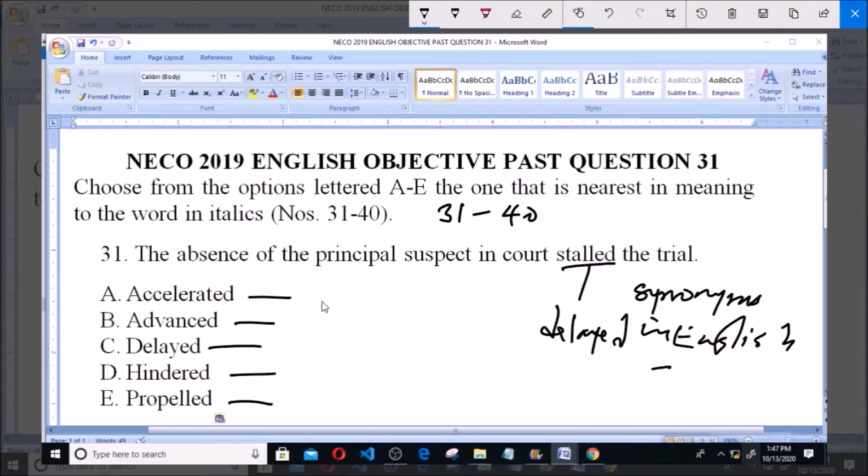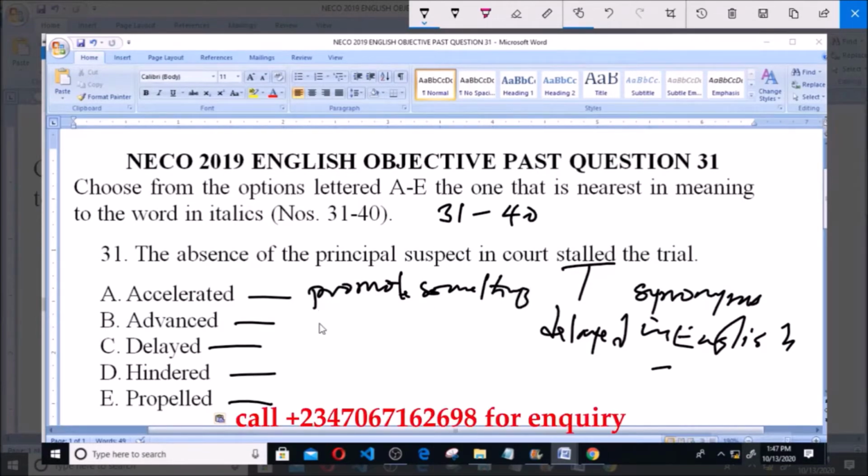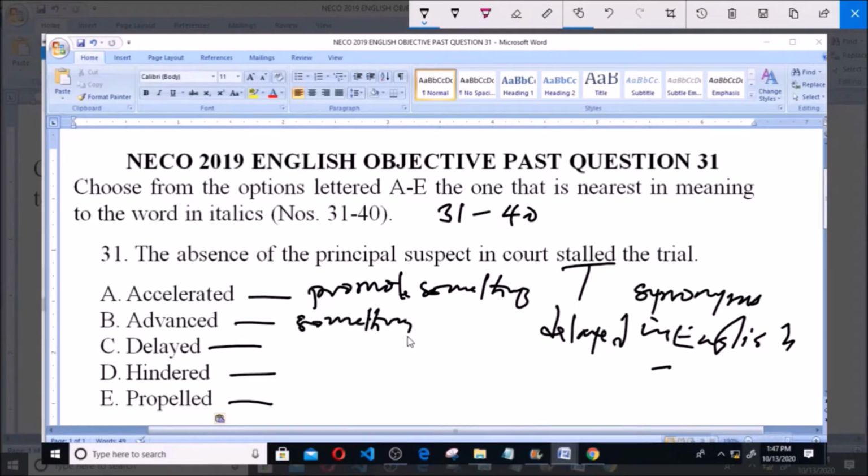When we say accelerated, it means something that promotes something. Advanced, something that aids something.